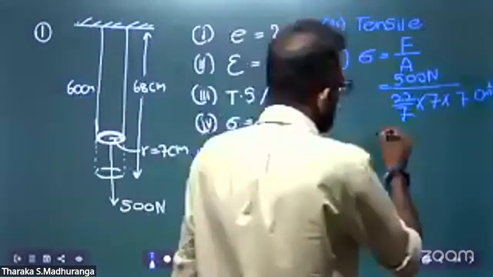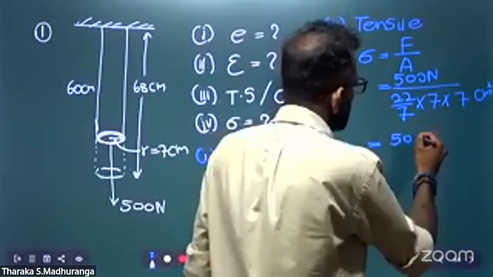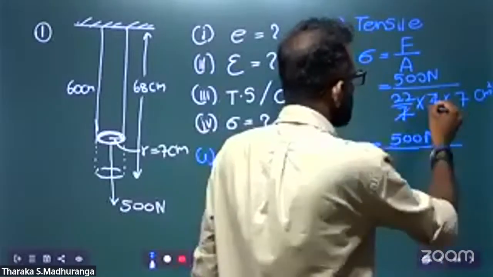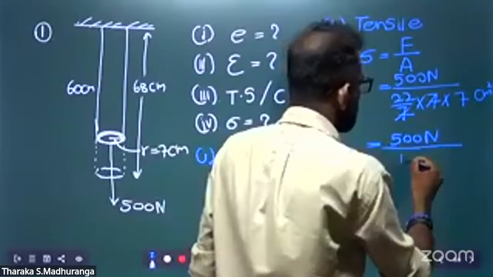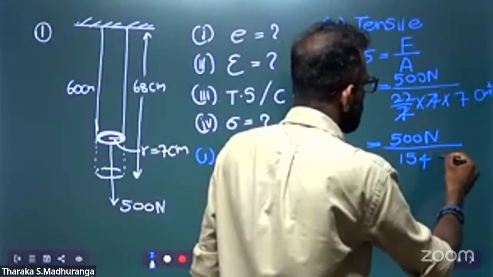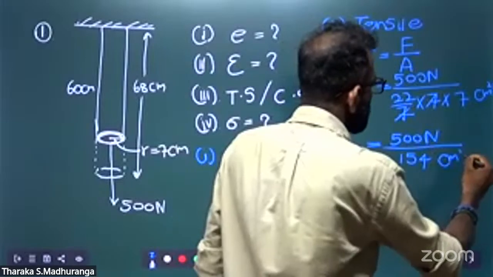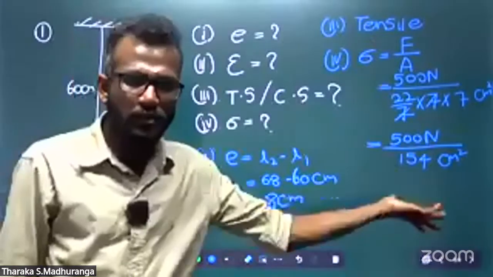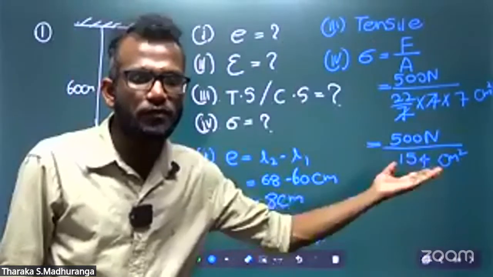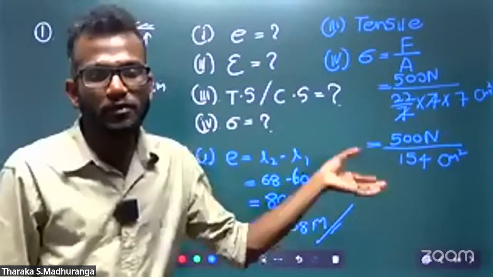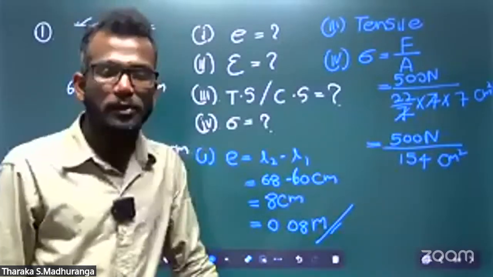Now, the 500 Newton divided by, the 7 cancels out, 22 into 7 gives 154 square centimeter. Is it correct? No. After that, we need to convert 154 square centimeter into square meter.